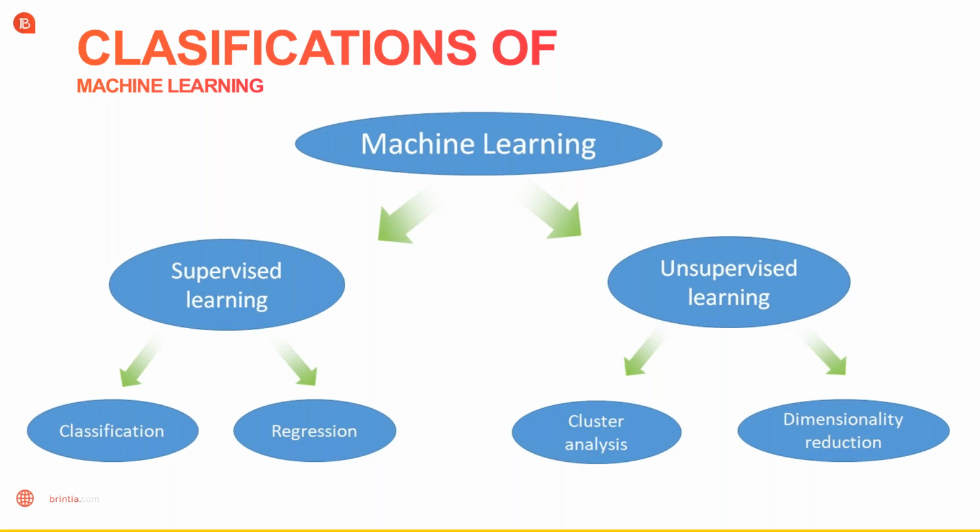In supervised learning, we can find classification and regression methods, and in unsupervised learning, we can find clustering and dimensionality reduction. In all these kinds of methods, we can apply neural networks to resolve problems.